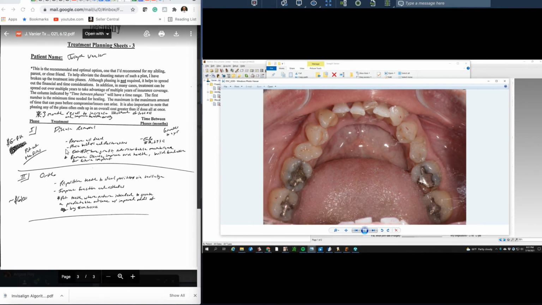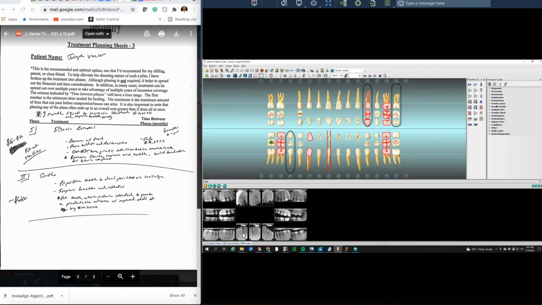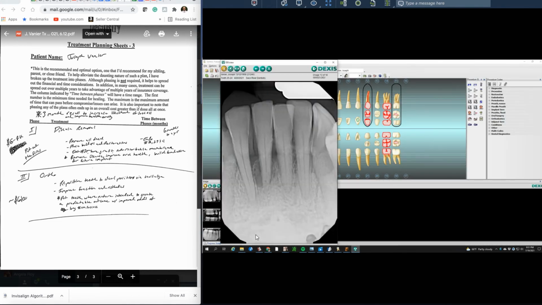I like your style. So the phase plan, disease removal, put out the fires, love that term. Extract number 25. What's going on with 25? I would endo test the teeth next to it just to make sure that you're getting a sense of their vitality.